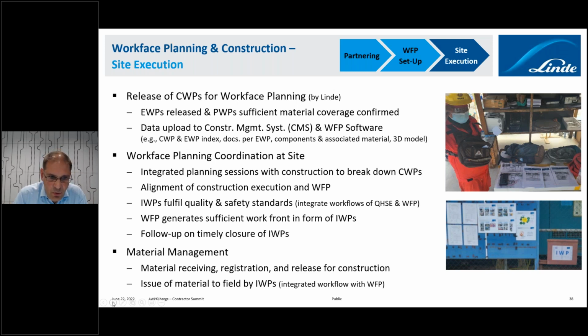Of course, we review certain quality criteria regarding the packages, including QHSE requirements. We also, going back to the EP part, make sure we can generate sufficient work fronts and IWPs, and last but not least, follow up on timely closure of IWPs.